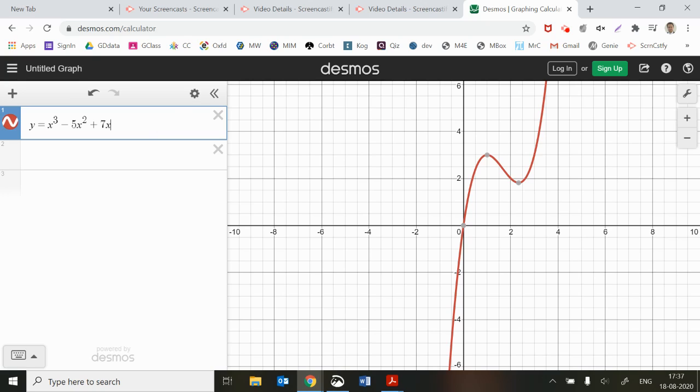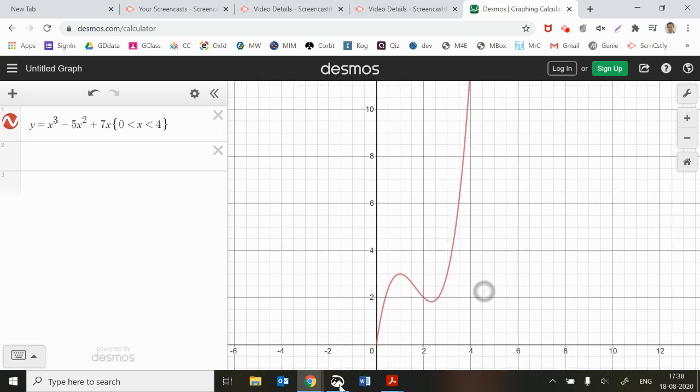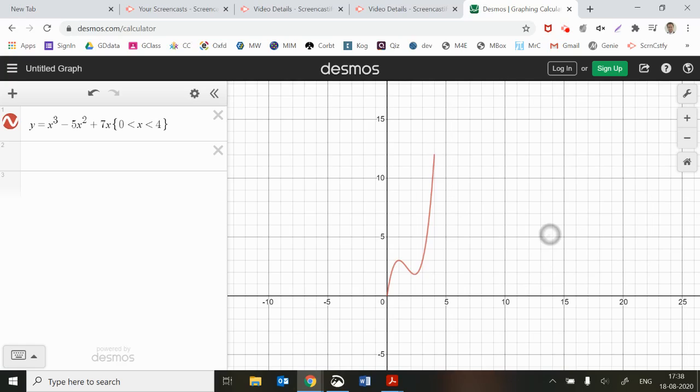And then if we define this to be between 0 and 4, there we go, there's our function in the end. Okay, let's just zoom out. That's what we've got. That's what we found out.